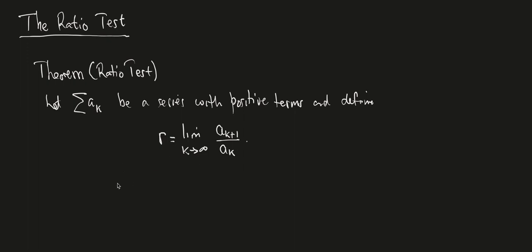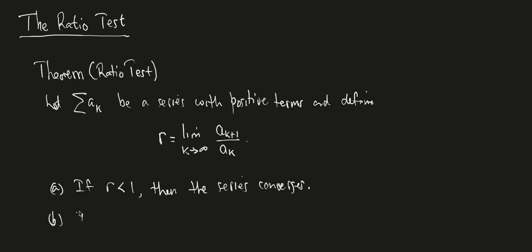So our first conclusion is this. Part A says if your R comes out to be less than 1, if that limit of the ratios is less than 1, then the series converges. That's good. If your R is greater than 1, then the series diverges.